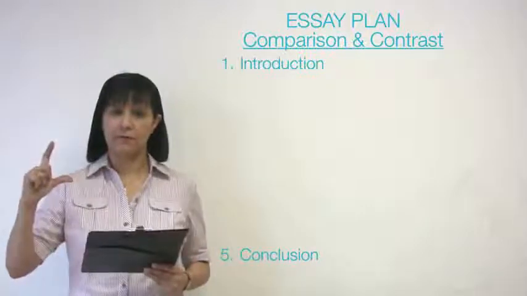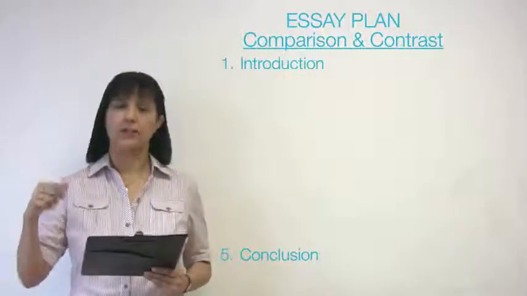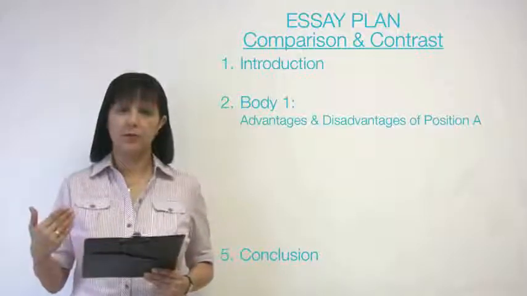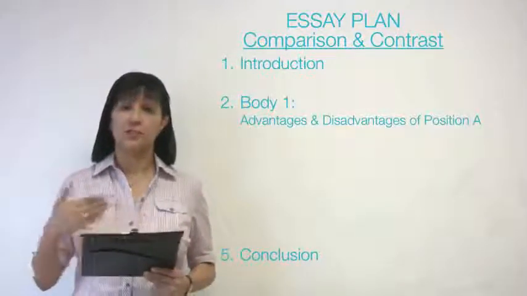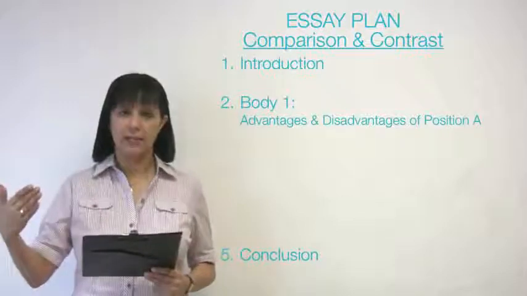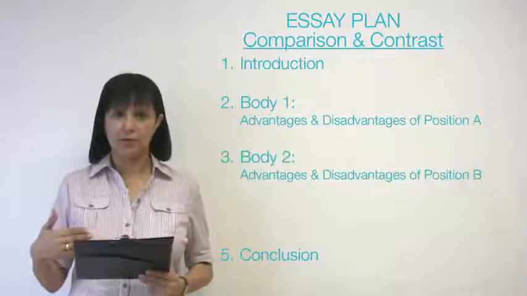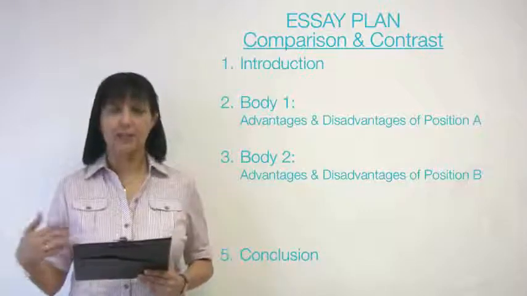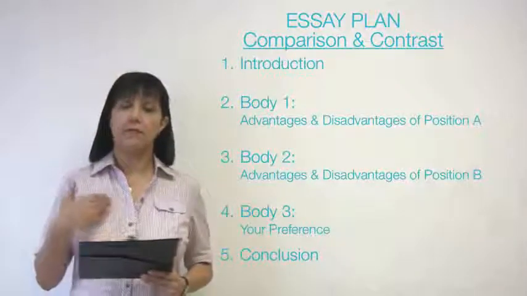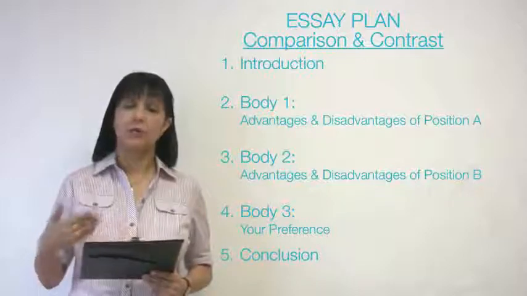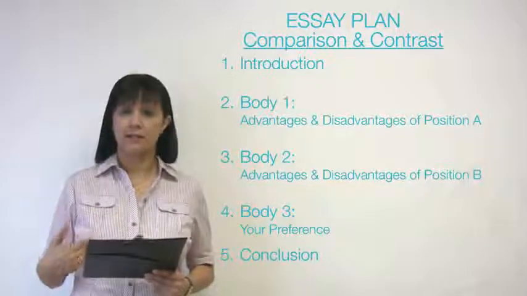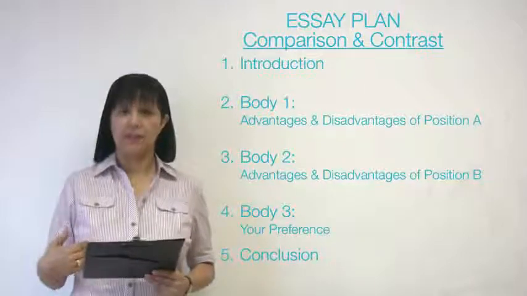In the middle, however, in the 3 body paragraphs, you will be doing something different. In the first body paragraph, you'll be writing the advantages and disadvantages of position A. Second body paragraph, advantages and disadvantages of position B. Third body paragraph would be your preference and your reasons for that preference. Okay? And again, last one will be the conclusion.